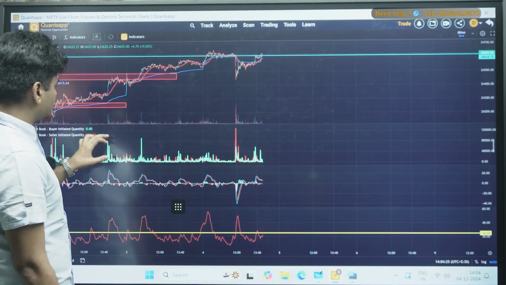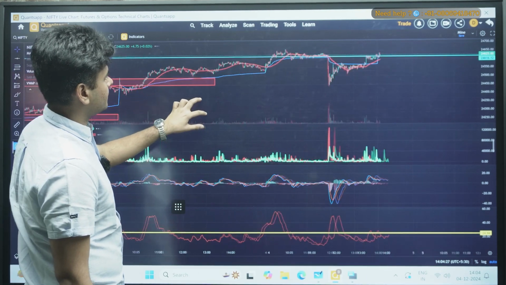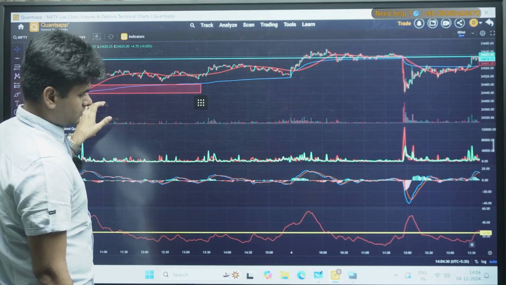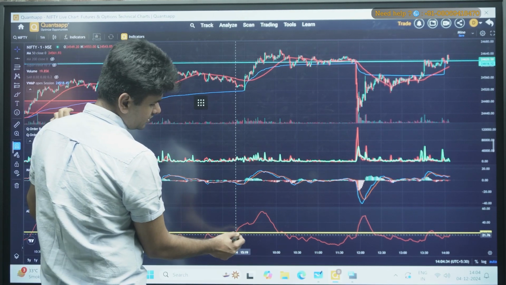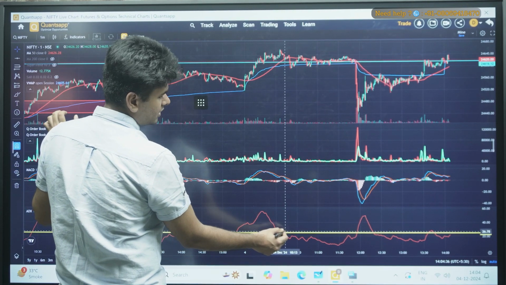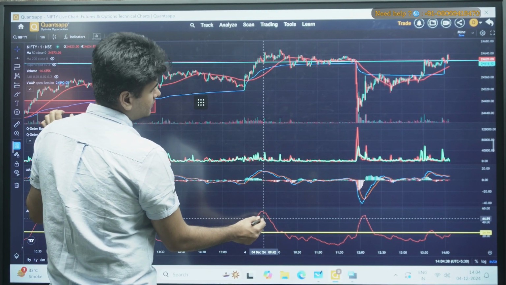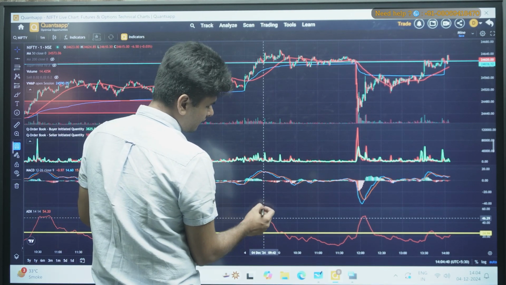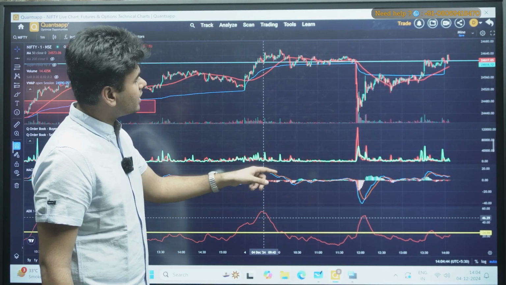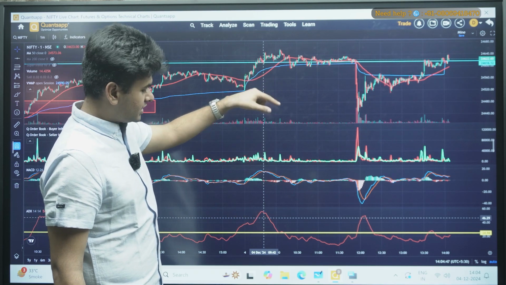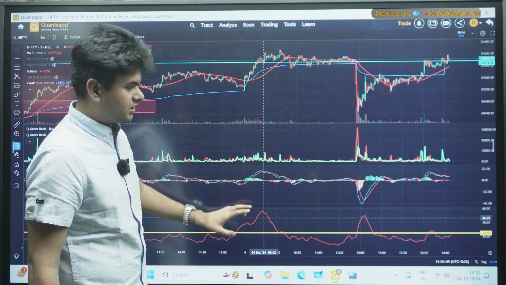If you see ADX crossed 25 here, from here you can see a good momentum on the upper side. Again, you can see when the momentum was fading away, and basically you can take an exit at the peak.